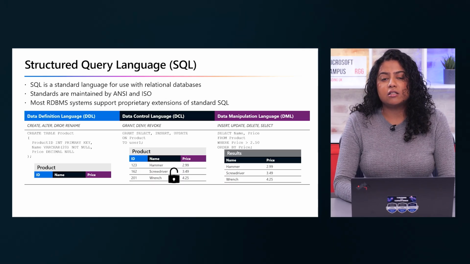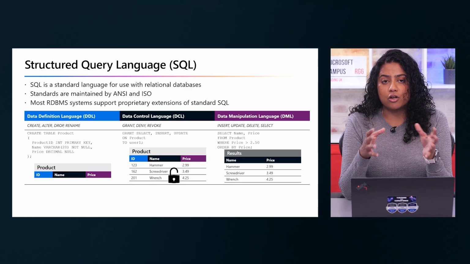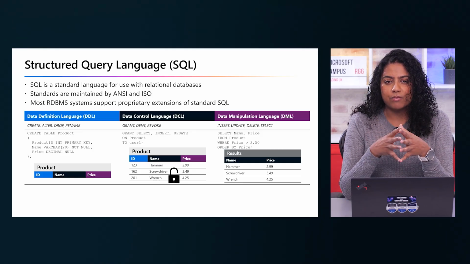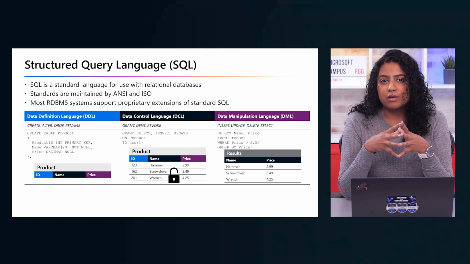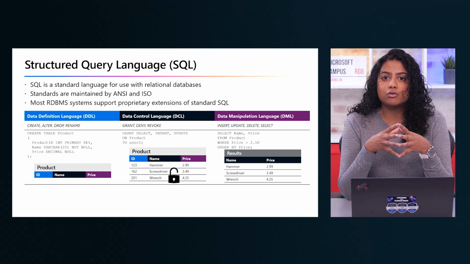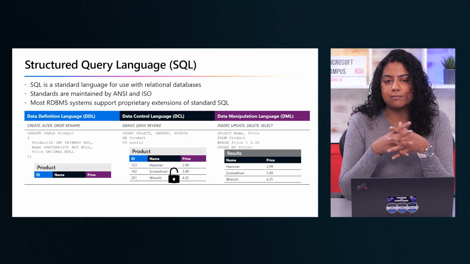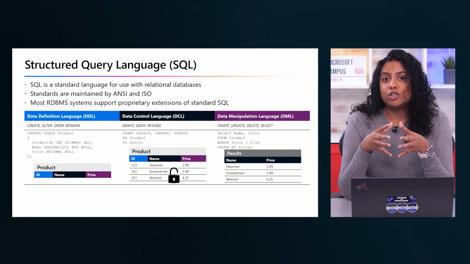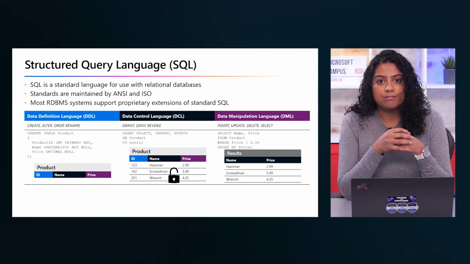This set of statements is all about managing the objects in your database, like tables or any other object. With DDL, you can create, alter, or drop tables. For instance, when you use something like a create table statement, like the example on the slide, you're creating a new table called products.